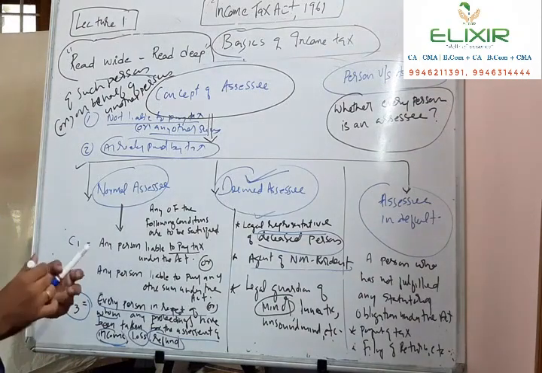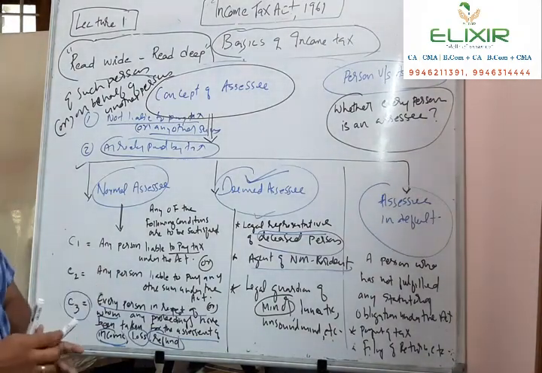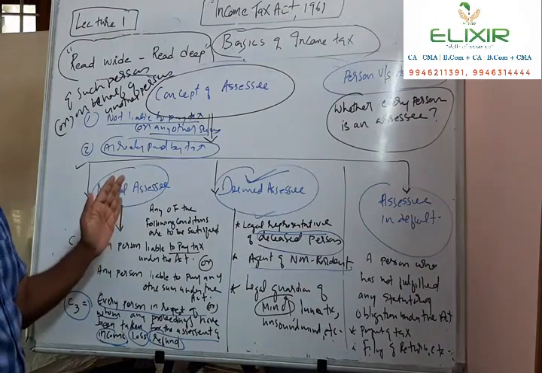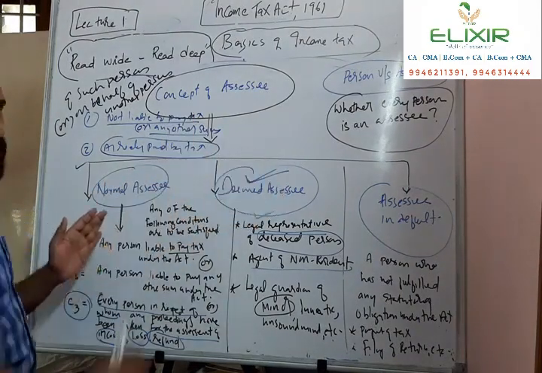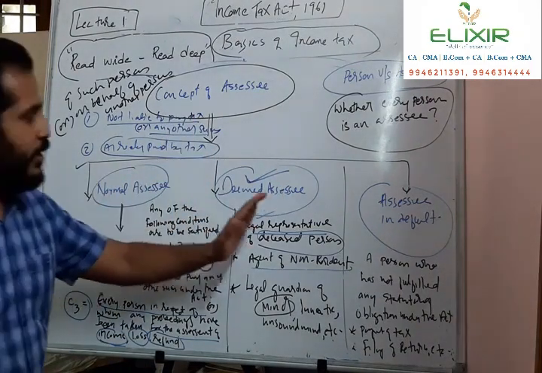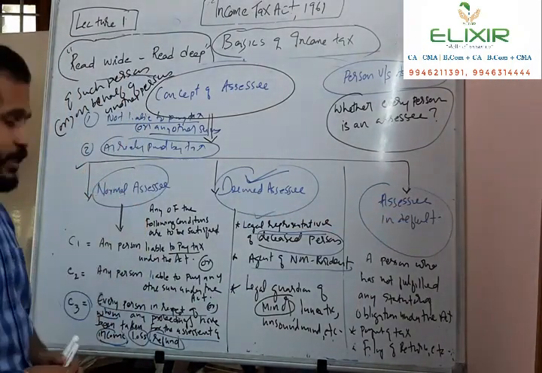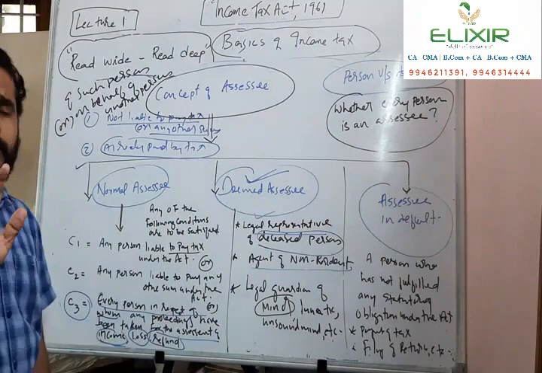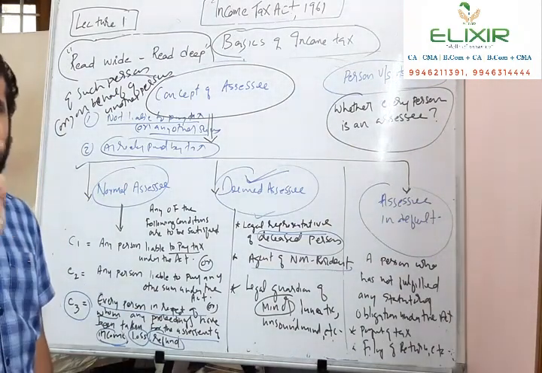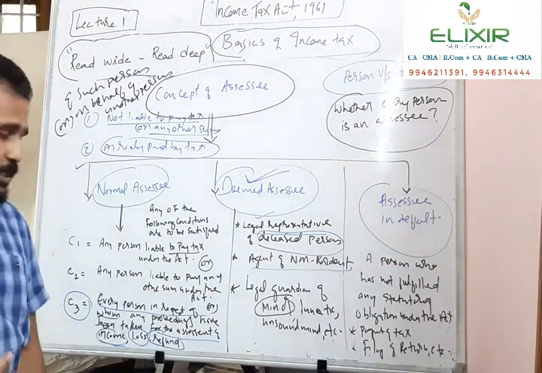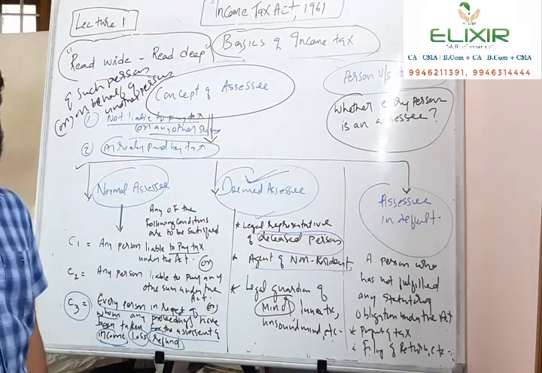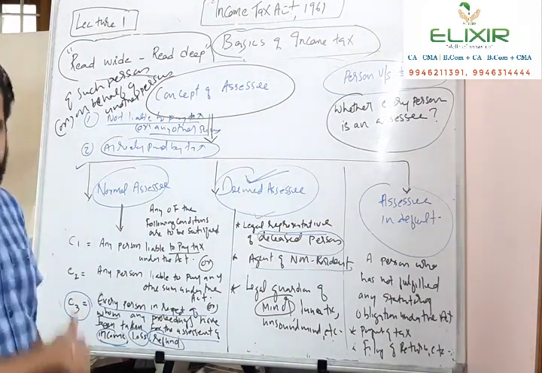Repeating once again, the assessee for the purpose of critical examination is classified into three. Still one discussion is pending. Normal assessee, deemed assessee, assessee in default. What is the concept of normal assessee? If a person is liable to pay tax under the act, he is treated as normal assessee. If a person is liable to pay any other sum under the act, for example interest or penalty, still treated as assessee.